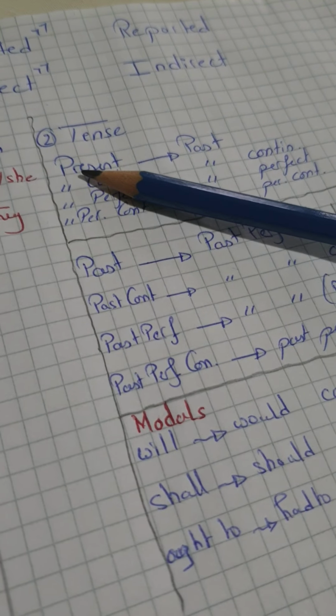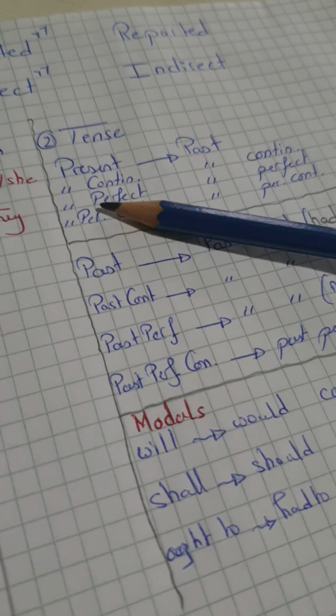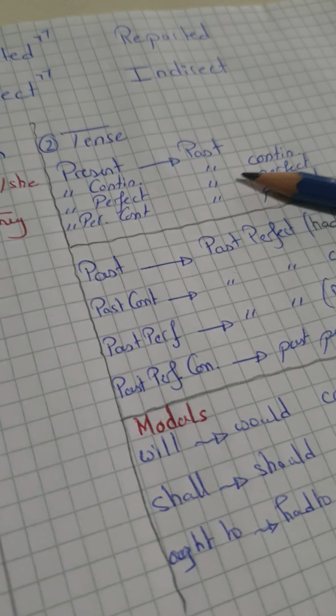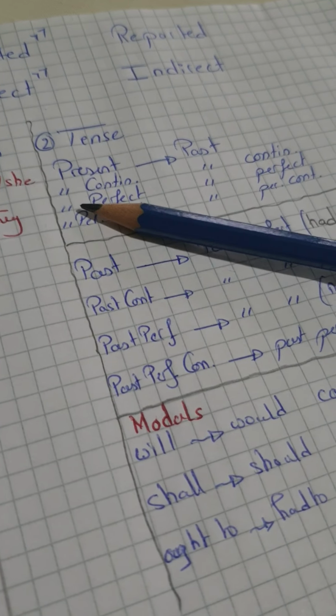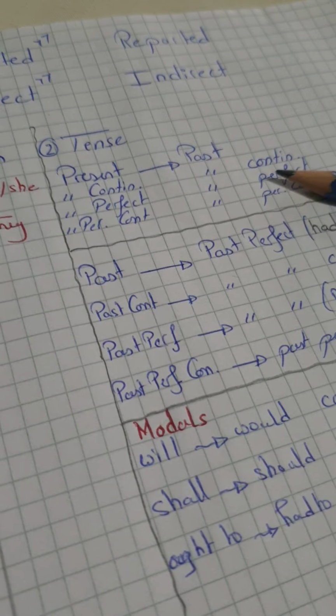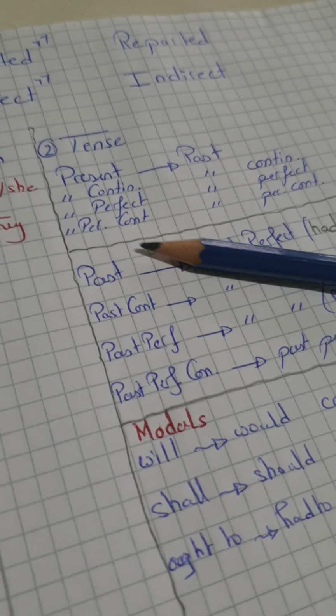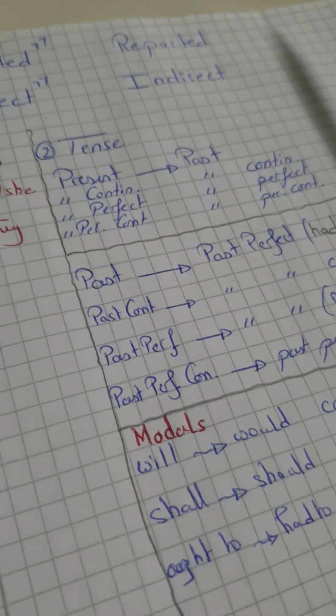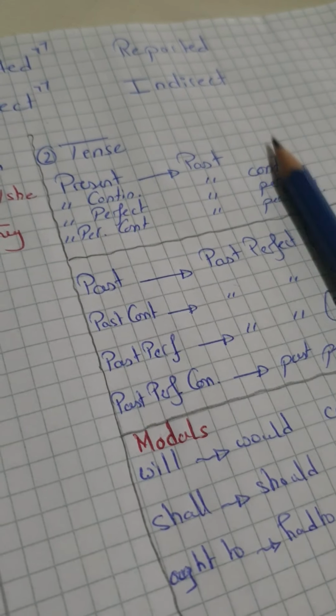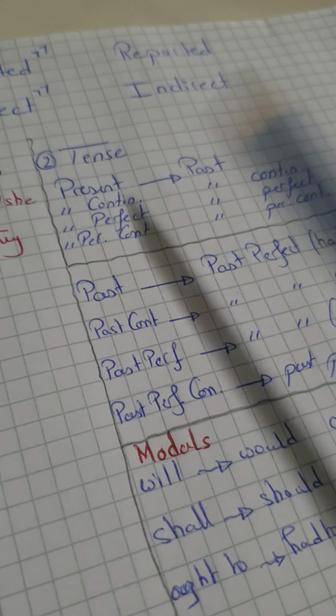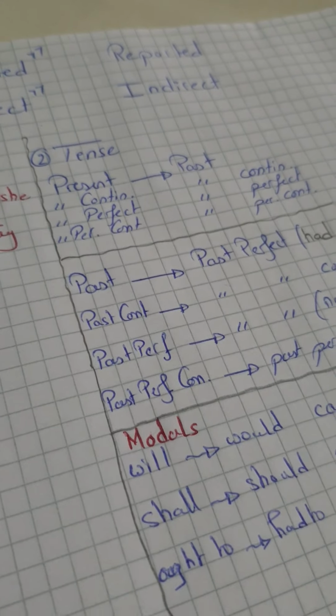So let's say eats becomes ate, is eating changes to was eating, has eaten changes to had eaten, has been eating, had been eating. So just keep in mind, present to past, no matter what the verb is, directly change it to the past and keep everything else the same.